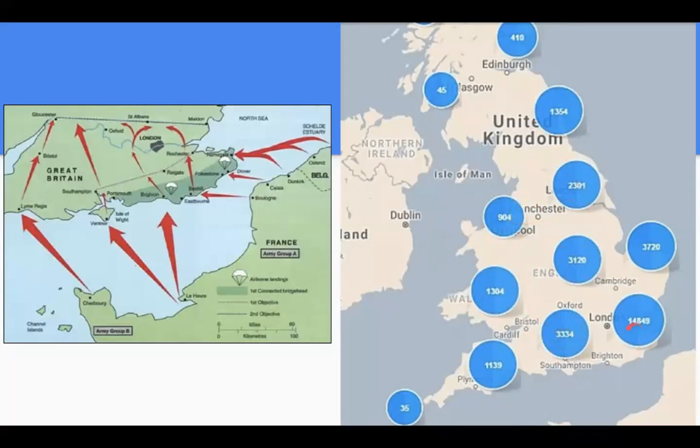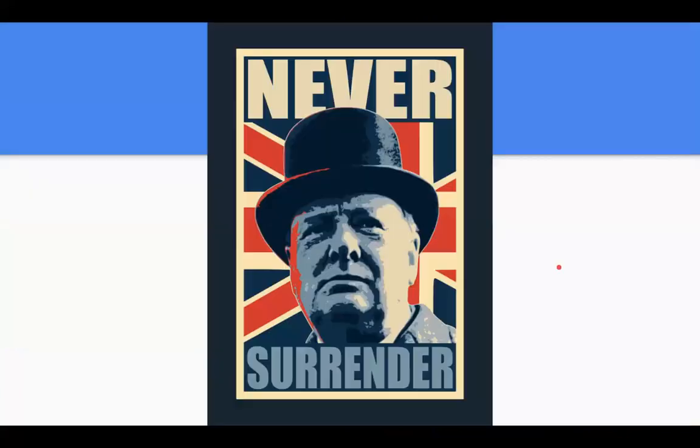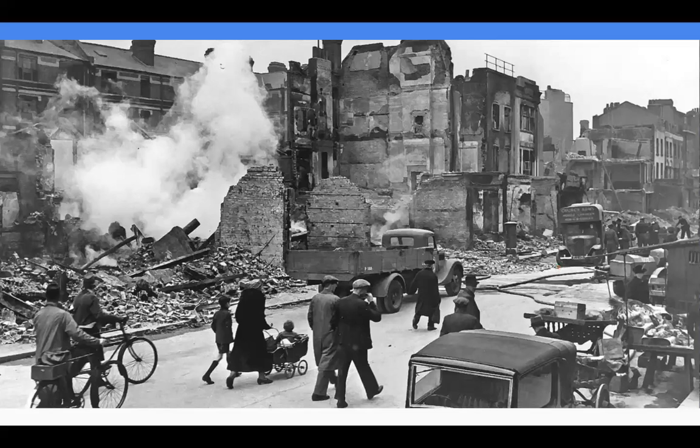So London was bombed 14,849 times, while Plymouth was bombed 1,139, Southampton 3,334, Liverpool 904. Never surrender. Here's some destruction.